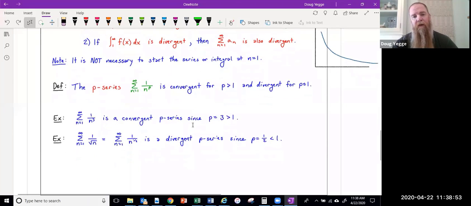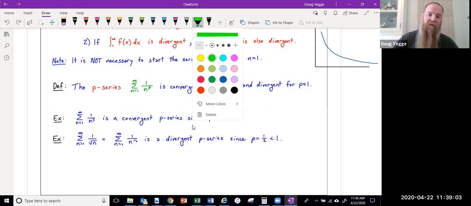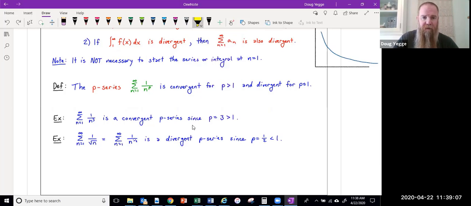So one thing that we're going to start with is this idea of a p-series. We've already learned about geometric series. We've learned about telescoping series. We're now looking at p-series. And a p-series is going to be a series that looks like this.